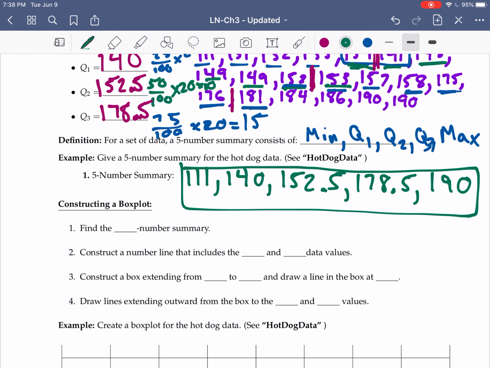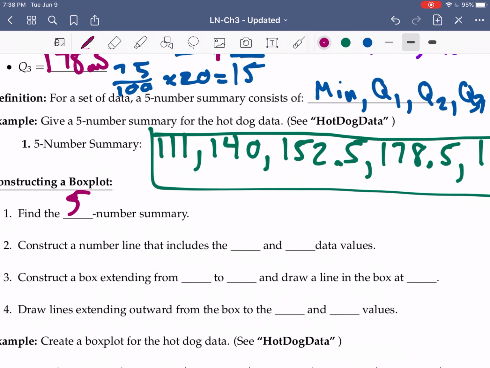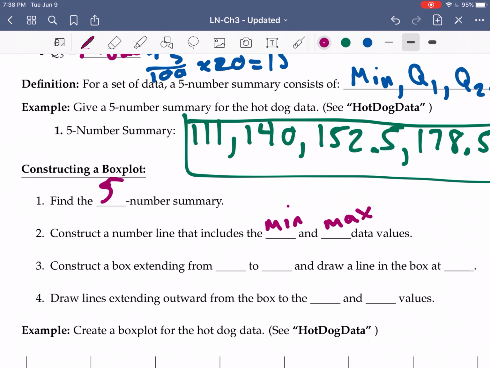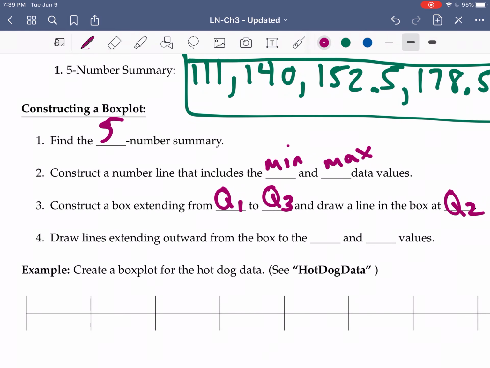We can describe this visually with a box plot. So for a box plot, we find the 5-number summary. We construct a number line that contains both the minimum and maximum data values. We construct a box that extends from Q1 to Q3 with a vertical line in the box at Q2, and we draw lines out from the box to the min and the max.